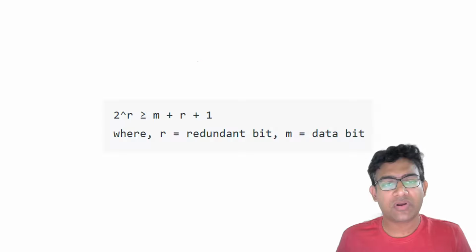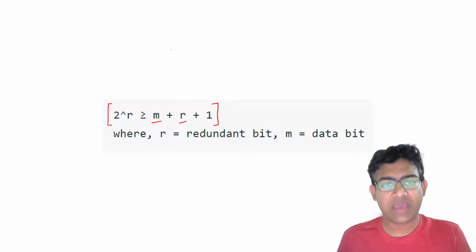So if your data word has m bits, you use this formula to figure out how many extra bits you want to add to the data word to make your Hamming coded code word. And R is the number of redundant or extra bits that we are supposed to add to those m data bits to be able to create a Hamming code.